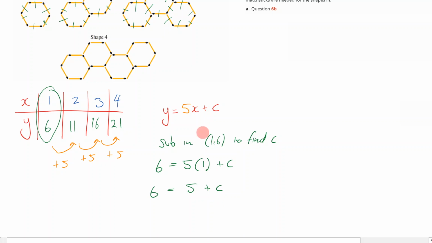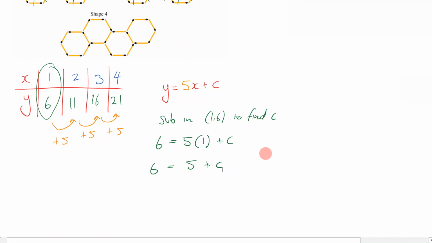I now need to get that c by itself. So I'm going to subtract both sides by 5. 6 minus 5 is, drumroll, 1. And this will be c. So that means I can come up here now and I can replace this c with a 1. So my answer to this, the rule, will be y is equal to 5x plus 1.